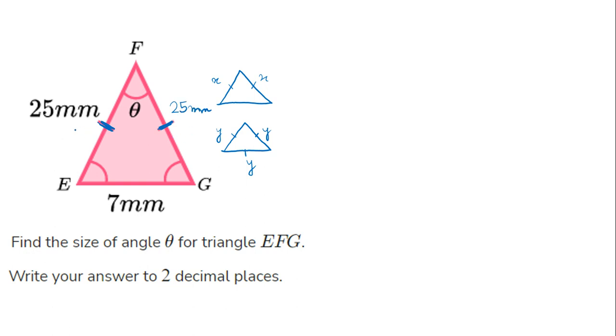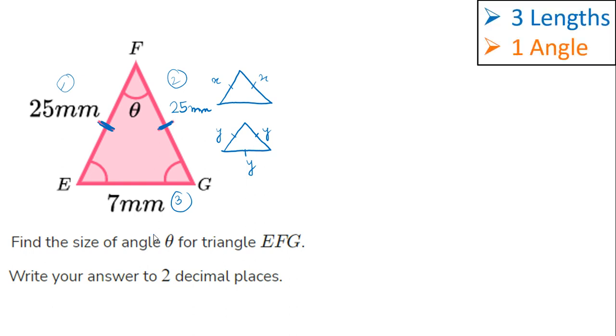Now that I have three lengths, let's say this is length number one, this is length number two, and that's length number three. It should click in your mind that when we have three lengths and one angle, it doesn't matter if the angle is known or unknown, you're supposed to be using the cosine rule.